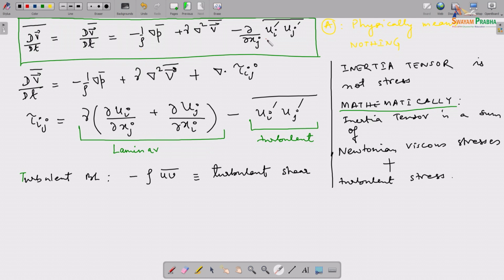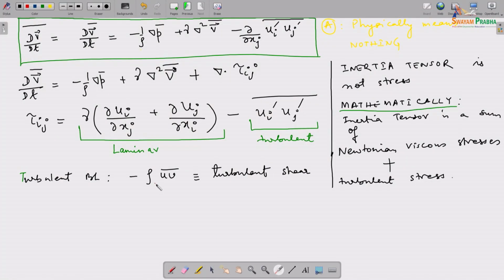So, what we said is that we will introduce this term tau ij, which is actually like a shear, and when I introduce that term, I write it in this fashion. So, mathematically it appears that the inertia tensor that we have here is a sum of Newtonian viscous stresses and turbulent stress.